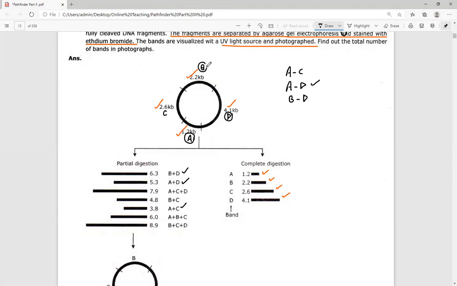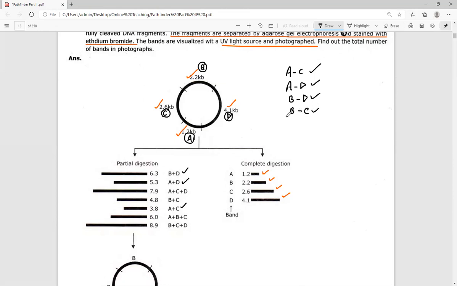Now B can combine with D or with C. B has already combined with D, so B is going to combine with C. B अब किसके साथ में combine हो जाएगा? C के साथ में. C can combine with A or B, and C has combined with both A and B. So these are the four possible doublets that could be made. Now, what about the triplets?